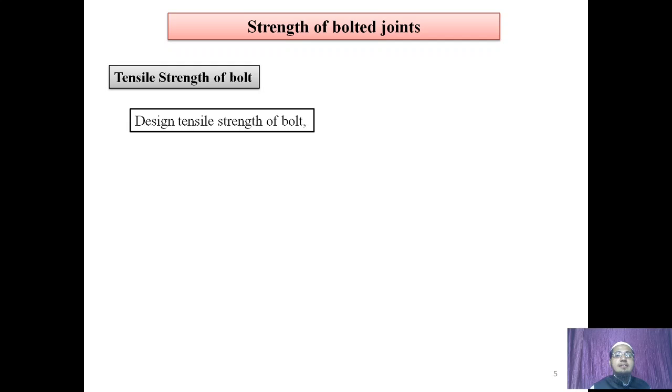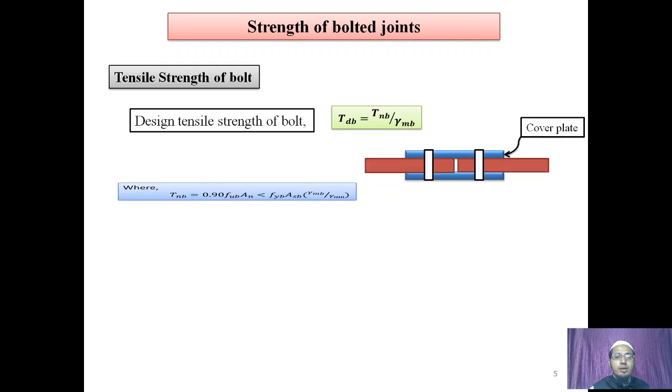Now how to find the design tensile strength of bolt? IS 800:2007 has given the value in clause number 10.3.5 that the design tensile strength of bolt is Tdb equals Tnb divided by gamma mb, where Tnb is the nominal tensile strength of bolt, which can be obtained as Tnb equals 0.9 times Fub into An, which should be less than Fyb into Asb multiplied by gamma mb by gamma m0.